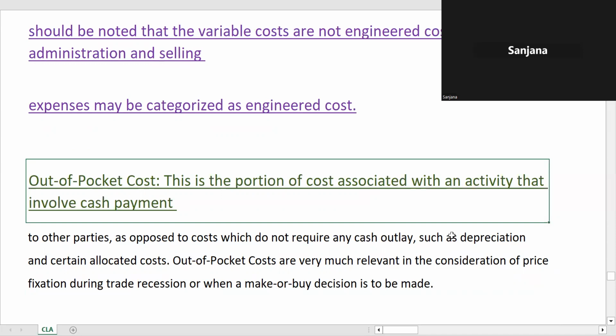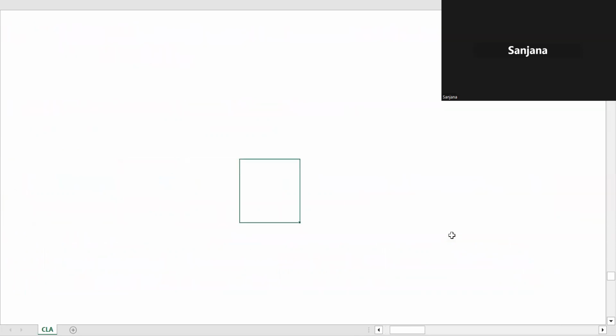So during times of recession and all, say for example, you have a house, you have a factory, a spare factory you have got. You need to buy something, but you don't have money because it's recession.